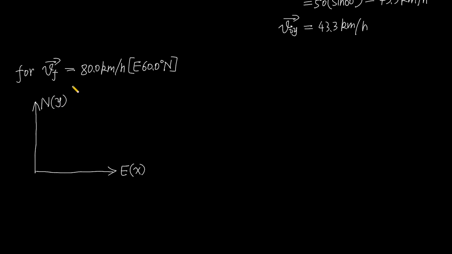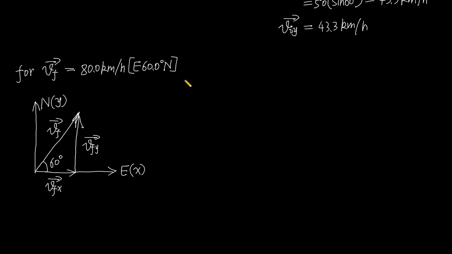And the direction of the final velocity is east, 60 degrees toward north, so it should be here. This is the final velocity. Now this is the final y velocity. And this is the final x velocity. And this angle is 60 degrees.